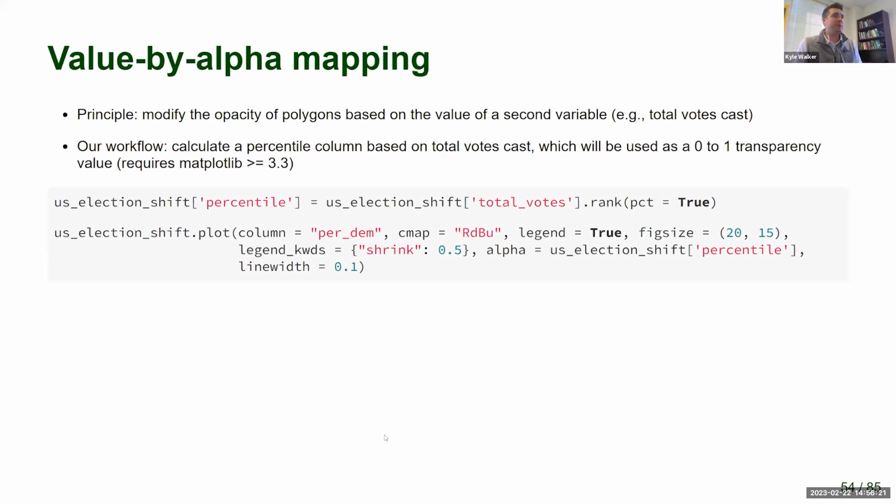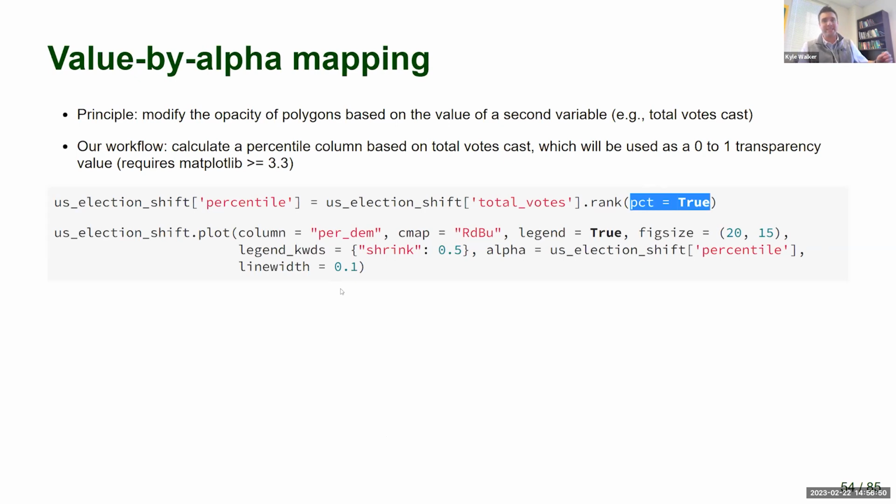We're going to use a special method in pandas called rank, with the argument pct equals True, which will calculate a percentile rank between 0 and 1 for the total votes column in our election data set. And so we'll have a new column called percentile, ranging between 0 and 1. So what's great about that? We can now use that to influence the transparency of our polygons.